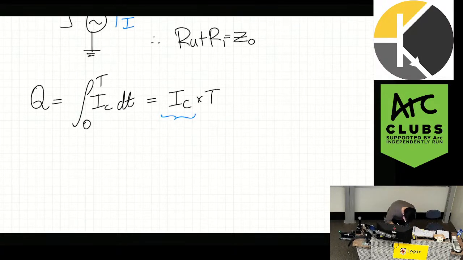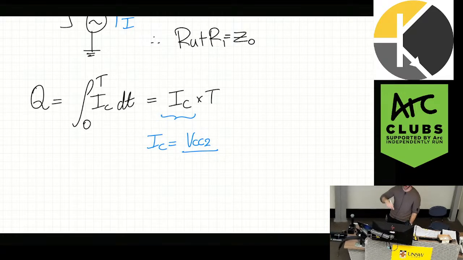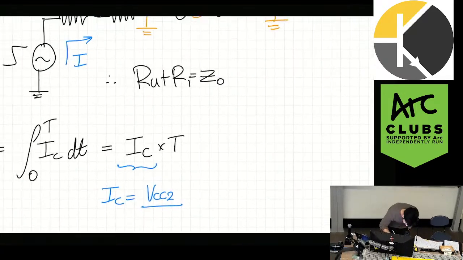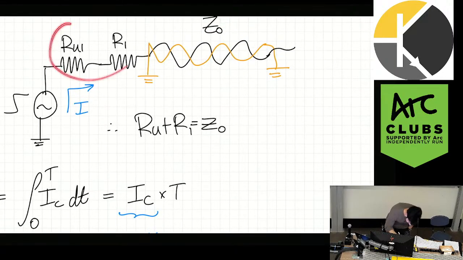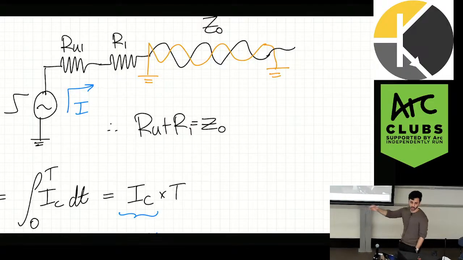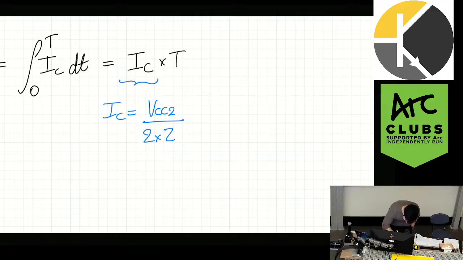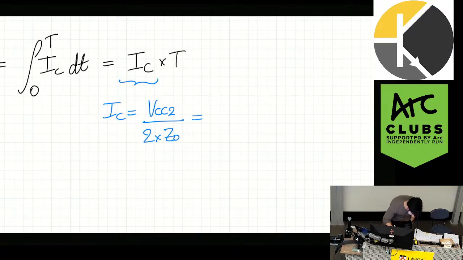It's going to be the power supply voltage, because that's what's being put up to, over this impedance and this impedance. Because as the current is traveling, it sees both of these impedances, which we said were the same anyway. So I'm just going to say it's 2 times Z0. And so then this is 16.5 milliamps.